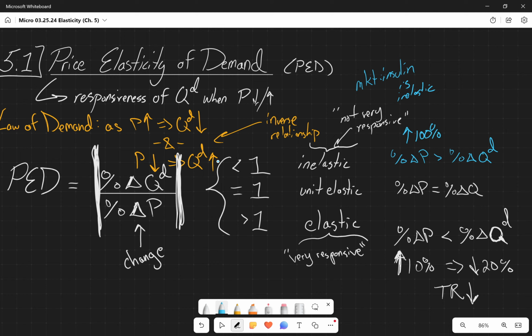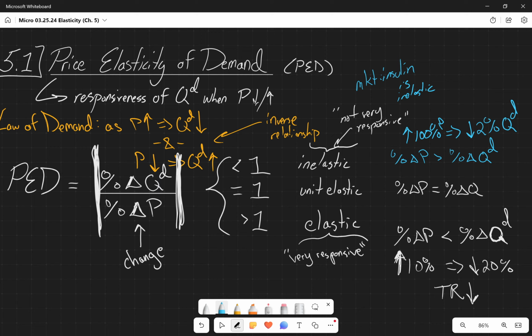And the corresponding change in the quantity demanded is going to be pretty darn close to zero, because these are people that need insulin in order to live. If you're diabetic, you don't really have any other option. Maybe some people will cut back on the amount of insulin they're using, but it's going to be something like 2% in the quantity demanded after a 100% increase in price.